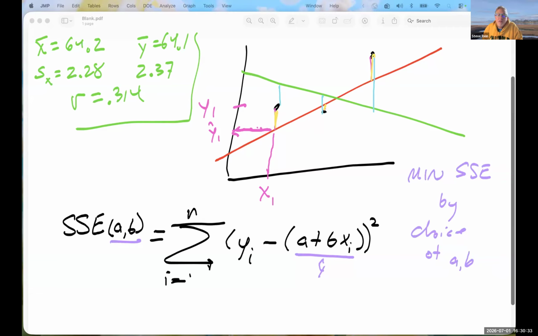The lab activity, the first part asks you to basically choose some A's and B's, intercepts and slopes, and try it out. And you're going to say, well, we tried this one, it was sort of good. We tried that one, it was sort of bad. And you're going to learn how to maybe do the adjustment. What Gauss did 231 years ago.